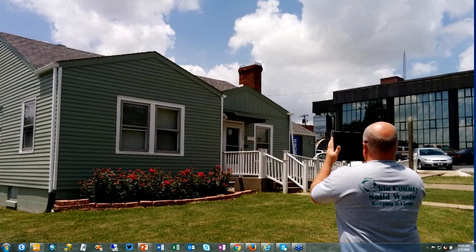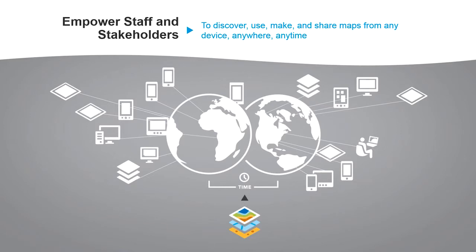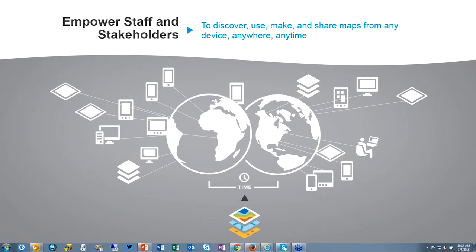This rise of technology and the use of technology in the hands of our responders is really changing the way that the tools that we all provide as a GIS community are being implemented and operationalized in the field. So what this allows us to do is empower our staff and our stakeholders across the entire organization to discover, use, make, and share maps from any device, anywhere, anytime.